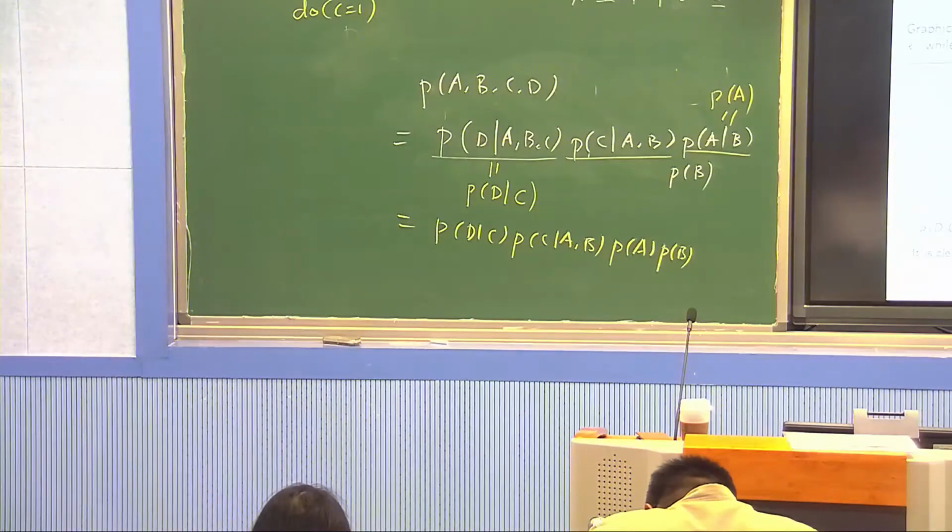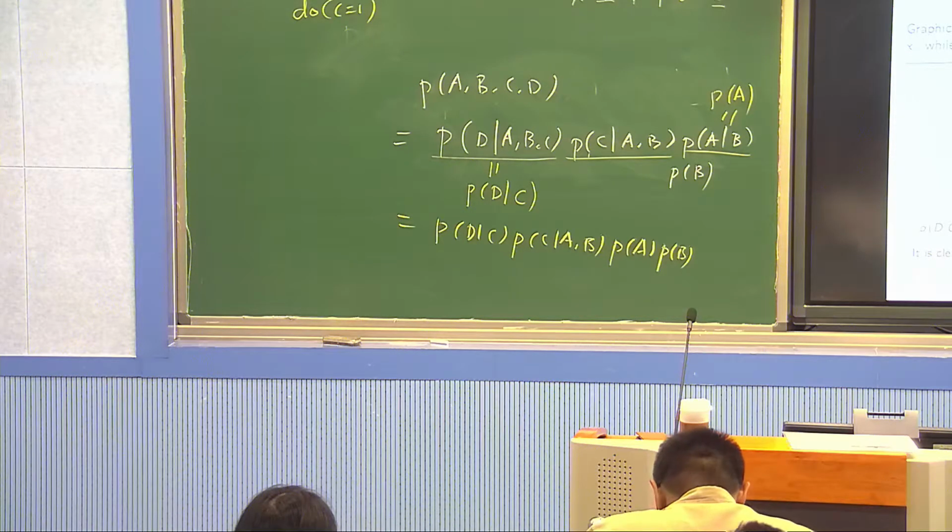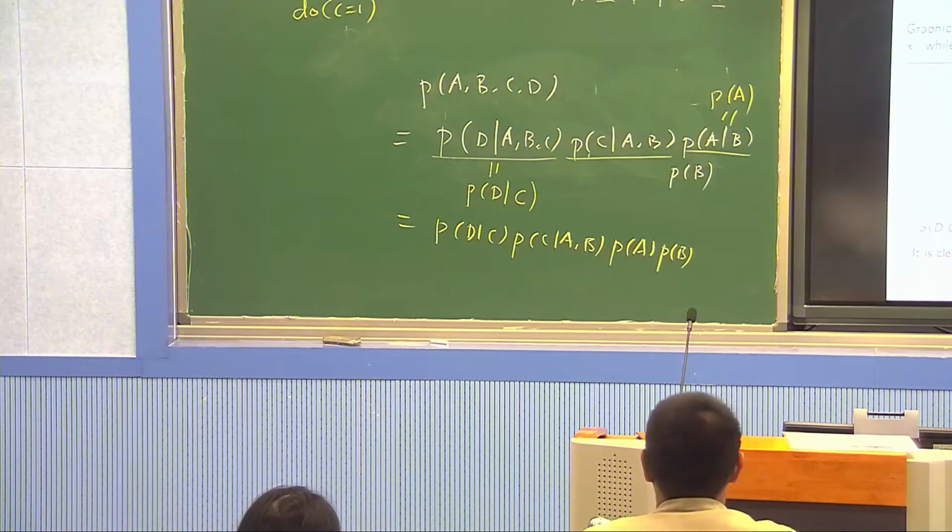We described this scenario previously, I think two classes before. If I do C equal to 1, after I go in and set C equal to 1, how do we use the graph to represent the resulting data that I observe? Because now C is determined by me, it is no longer determined by A and B. I'm not in this graph.